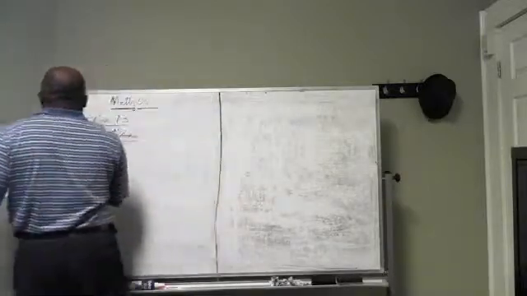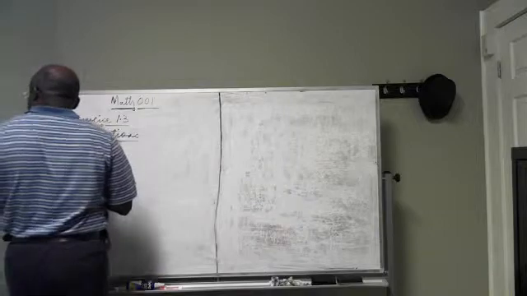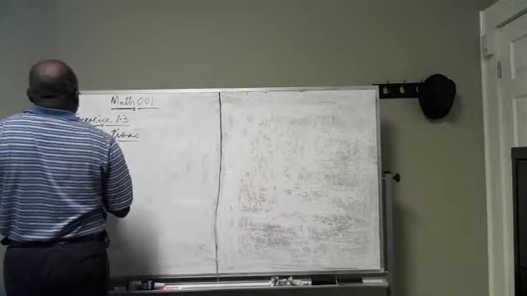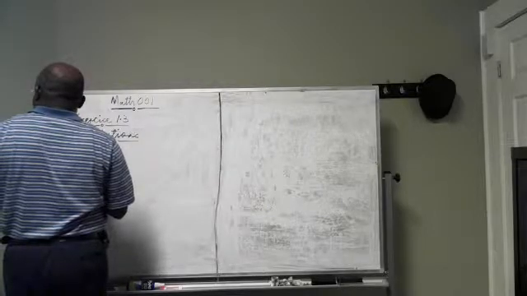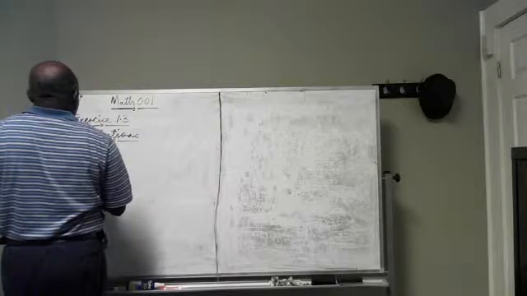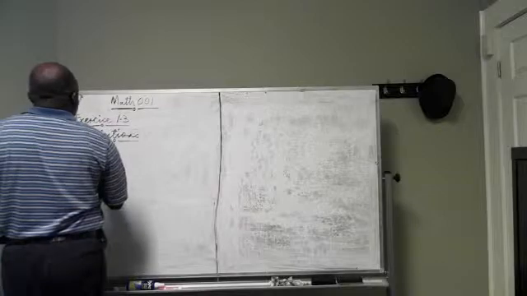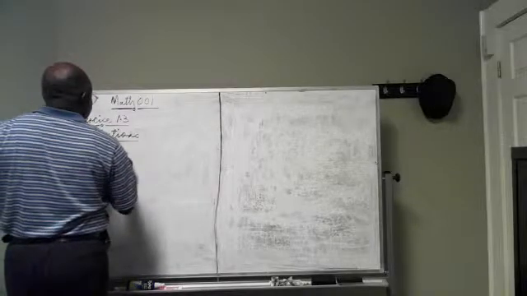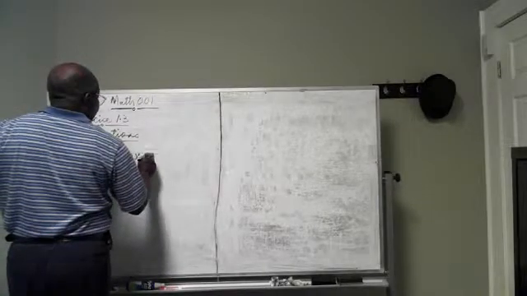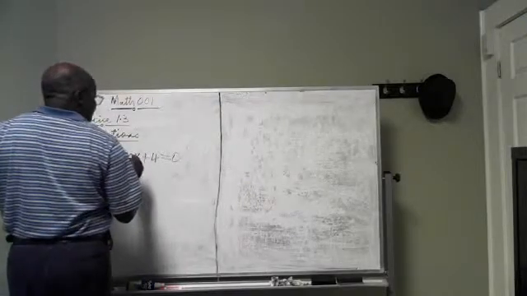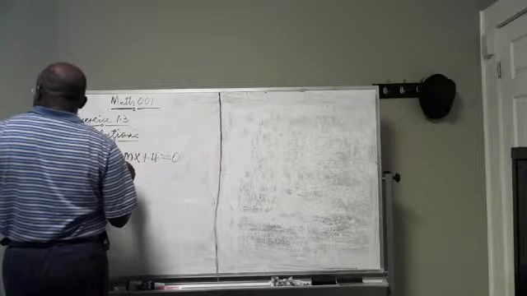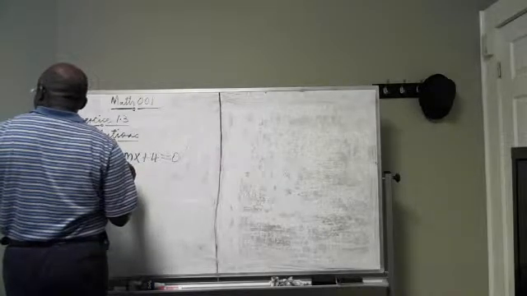Problem 6 reads, the roots of the equation x squared minus mx plus 4 equals 0 differ by 2. Find the possible values of m.